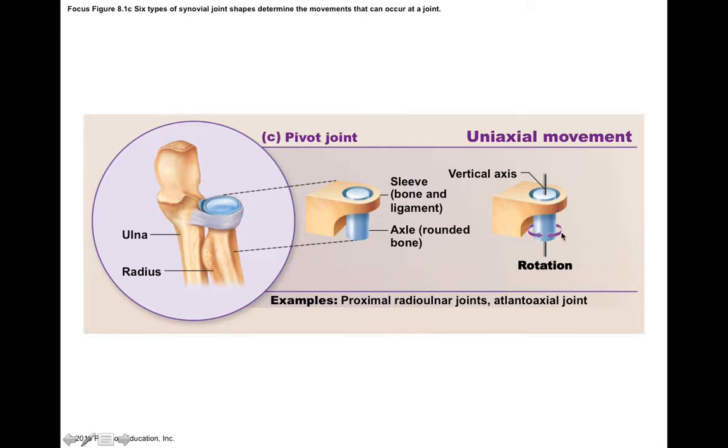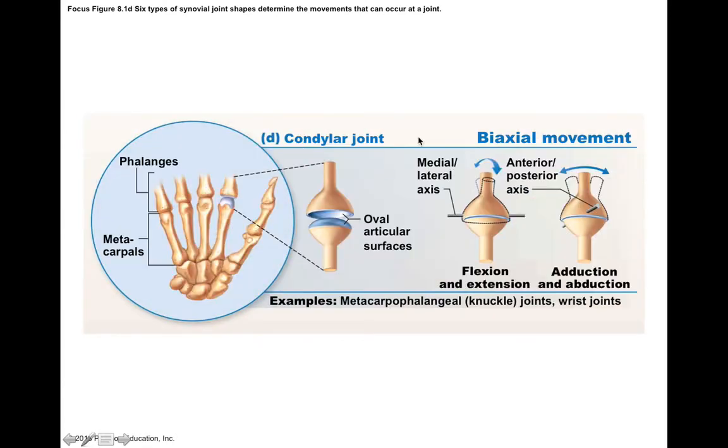Now this rotational movement is going to move in one axis as well, and this axis is going to be just along the longitudinal axis of this particular bone. So we think about this is going to aid in the rotational movements like supination and pronation. So as your forearms supinate and pronate, the head of the radius can rotate within the sleeve in order to move your whole forearm.